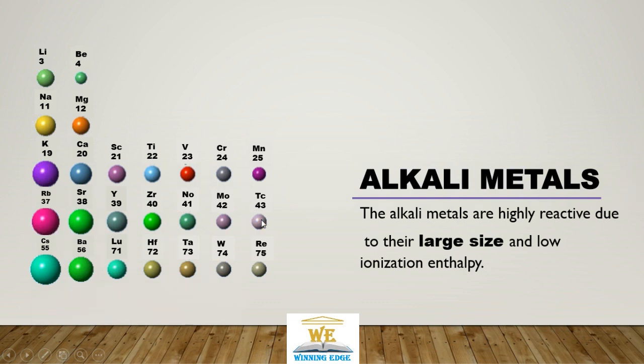Rubidium is the largest in its own period. Cesium, similarly, has a fairly large size compared to all other elements in its period. For these reasons, low ionization enthalpy and high atomic size, this combination makes alkali metals highly reactive in the periodic table.